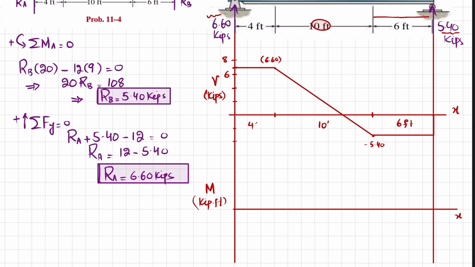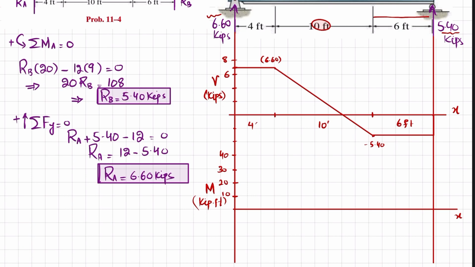So let each division be 25. Clear? Or you can say if each division is 10, 20, 30, 40, so this is 40 kips into feet. This will be 30, this is 20, this is 10.